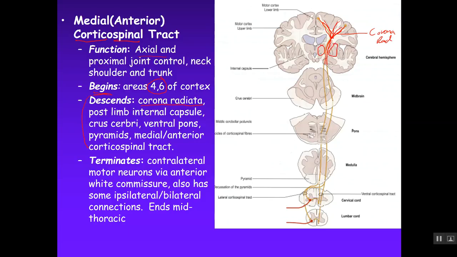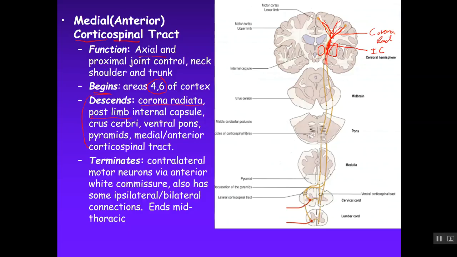This little tight white area is our internal capsule, right? Sensory fibers are also going up the other way through there. It's the posterior limb of the internal capsule. Remember, the sensory fibers are going up in the posterior limb, and so do a lot of your motor fibers going down.